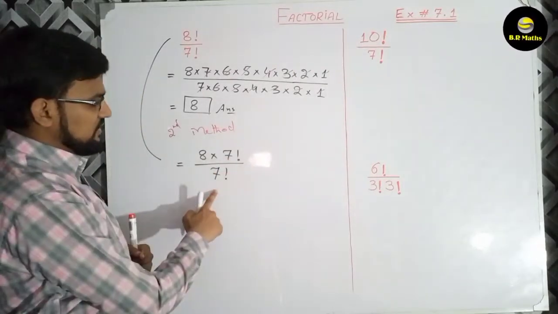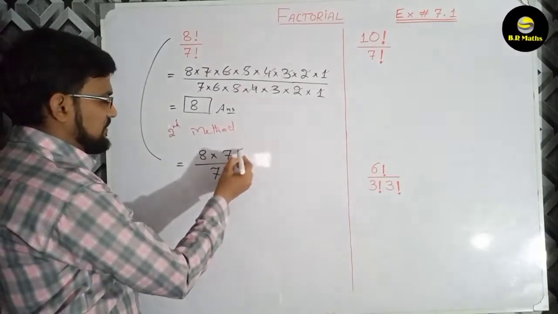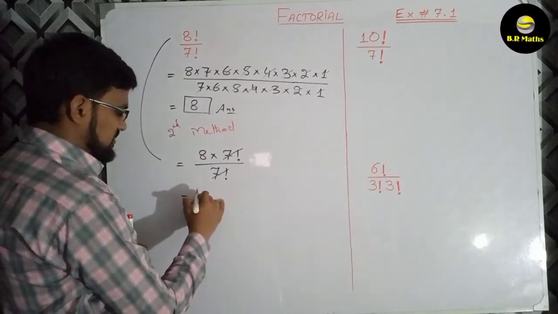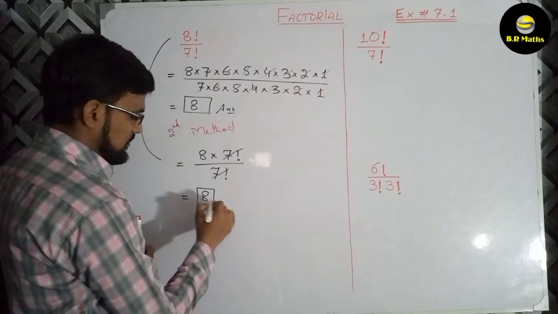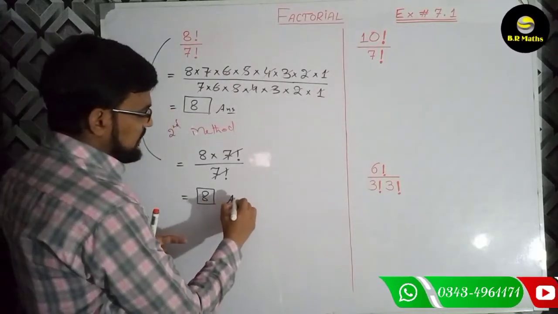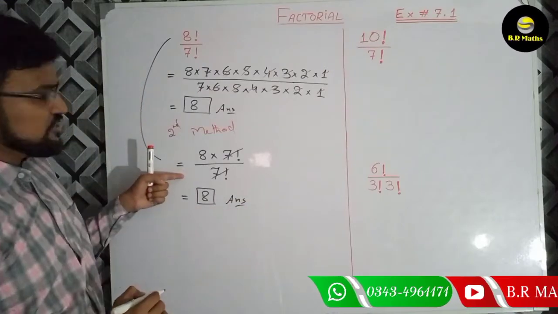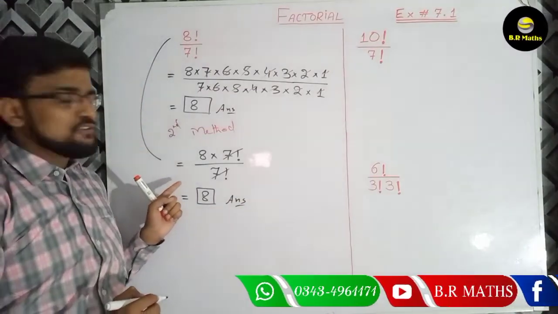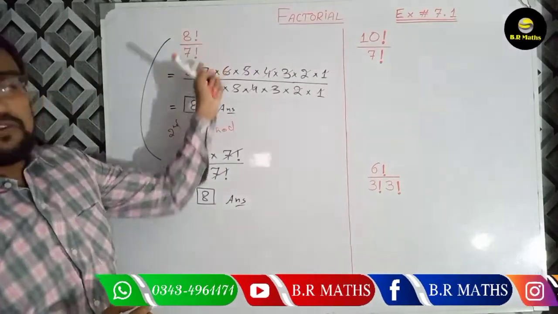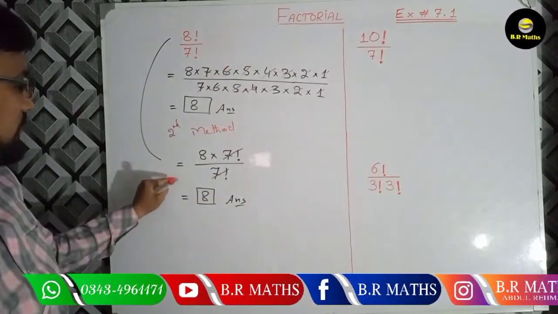The 7 factorial cancels with the 7 factorial, and the final result is 8. So the result is the same. This is the shortcut method for factorial questions: you reduce the factorial into a smaller number.